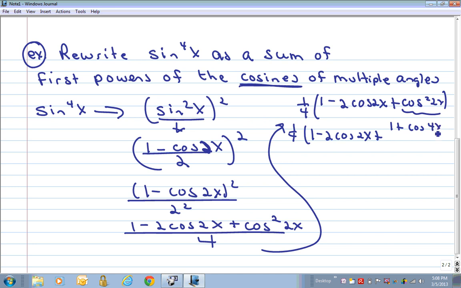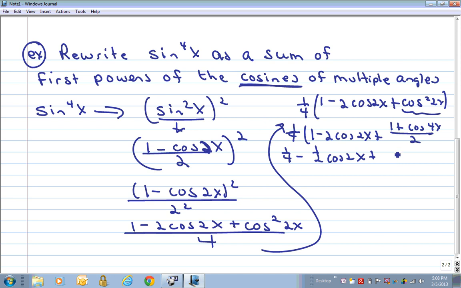Remember I showed you this little manipulation a while ago. All right, now let's go ahead and distribute through our 1/4. So if we distribute through our 1/4, we're going to get 1/4 minus 2 over 4, which would be 1/2 cosine 2x. And then the 2 and the 4 would give us 1/8.